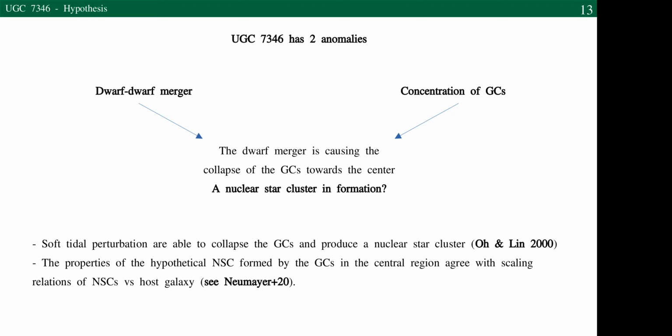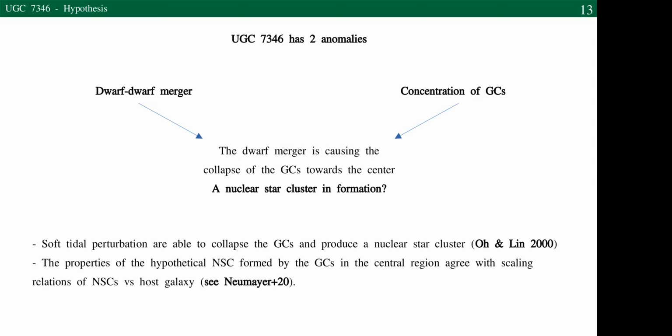Additionally, we can do the exercise of calculating the expected properties of this hypothetical nuclear star cluster, produced assuming a merger of the globular clusters that are in the inner region of the galaxy. And by doing that, the luminosity of this hypothetical nuclear star cluster to be formed matches the scaling relations between nuclear star cluster luminosity and the stellar mass of the host galaxy.